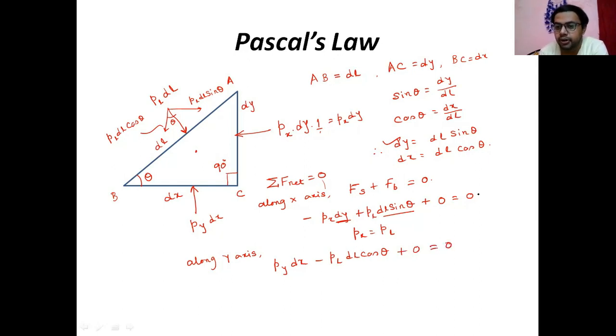We are not considering any body force along the x-axis or the y-axis. And dx and dl cos theta are the same here, so we get Py equal to Pl. So ultimately, Px is equal to Py is equal to P.